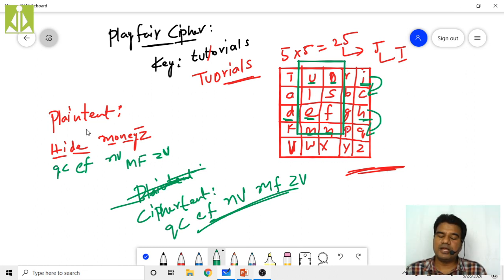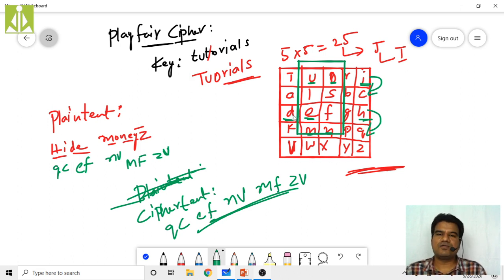When you are converting plain text into ciphertext, form two letter pairs, and if you are left with one character at the end, add Z and form another pair. Then highlight those two letters in your key table. If both letters fall in the same column, select the immediate down letter from the key table.